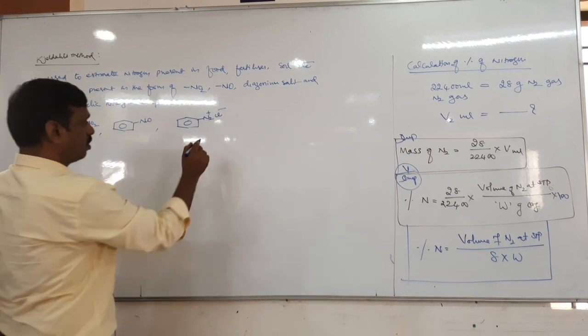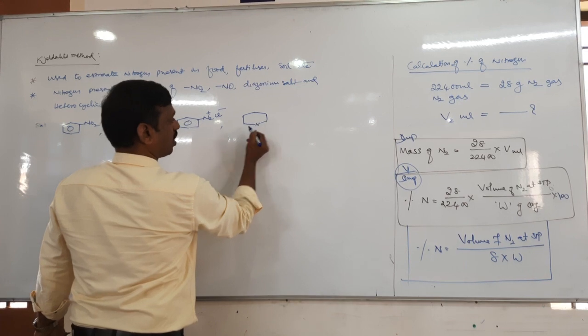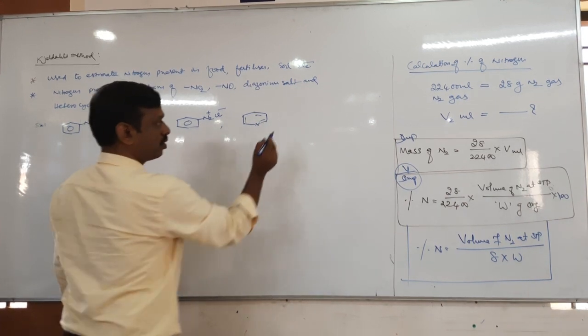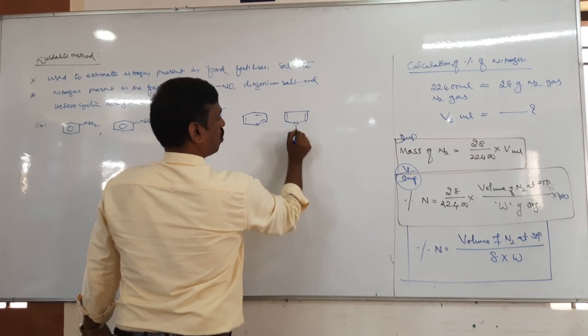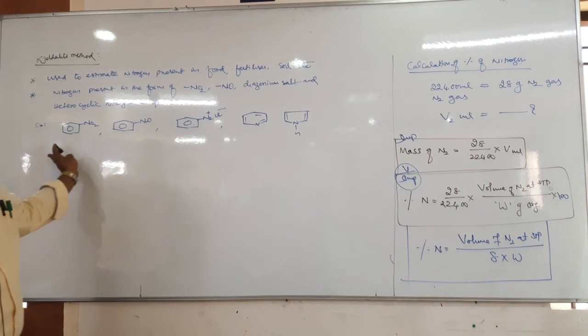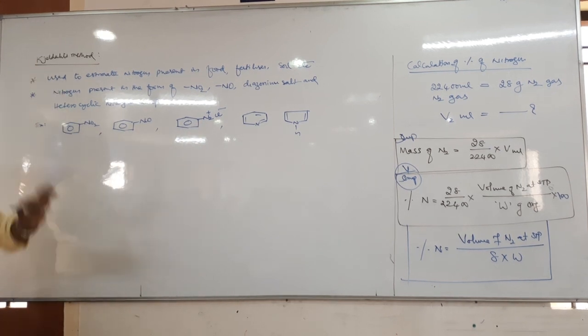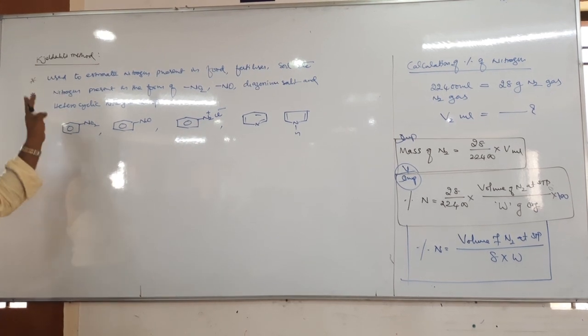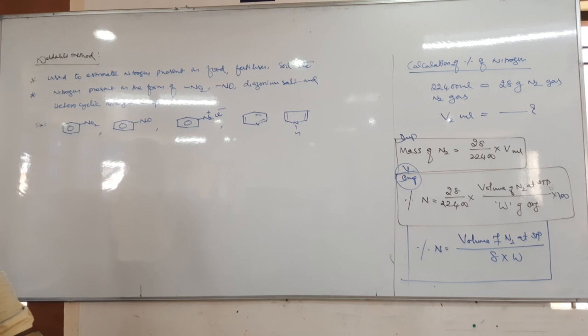Next, if the nitrogen is present in a heterocyclic ring, pyridine or pyrrole, these are heterocyclic. Therefore, if the nitrogen is present in these forms, it cannot be estimated by this method, because in this method ammonia has to be formed. Here in these cases ammonia will not be formed.